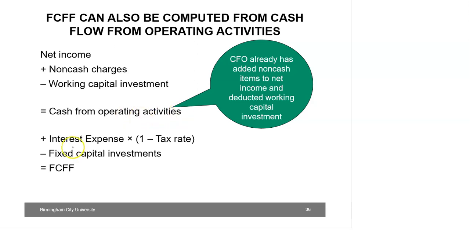With this, we add the after-tax interest expenses and we deduct from it the fixed capital investment to get the free cash flow to the firm. So if you have the cash flow from operating activities available from the cash flow statement of any company, you can just add back the after-tax interest expenses and deduct from it any fixed capital investments to arrive at the free cash flow to the firm.